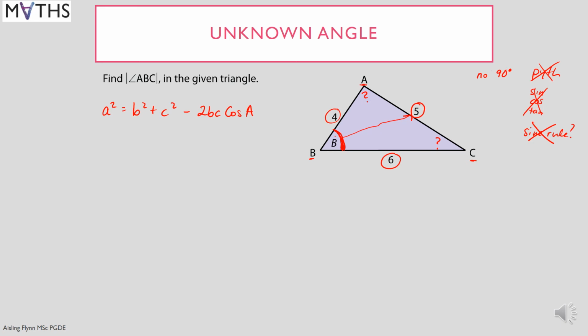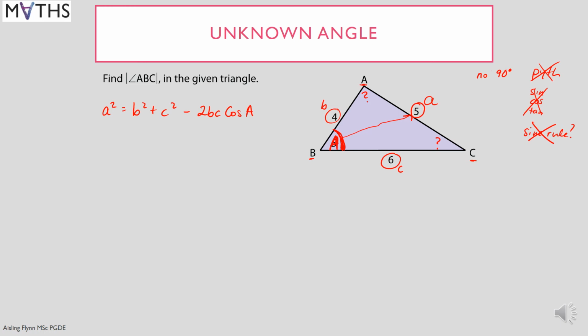So what's currently marked B for the purpose of the formula should be A, so I'm changing that there. And therefore 5 becomes small a. Okay, and the other two sides, it doesn't matter which one is which. Let's say b is 4 and c is 6. So you can forget the labels provided at the beginning. You use what you need as appropriate for the formula.